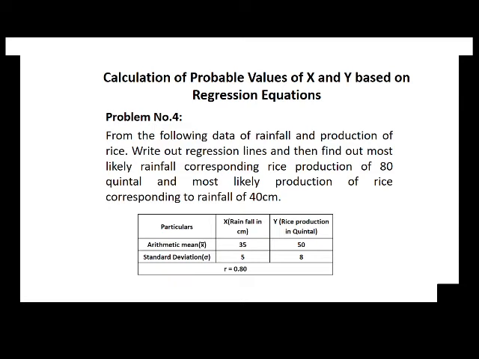Here x represents rainfall and y represents rice production in quintal. The arithmetic mean for rainfall is 35, the arithmetic mean for rice production is 50. The standard deviation of x is 5, the standard deviation of y, that means rice production, is 8. The correlation of rainfall and rice production is plus 0.80.